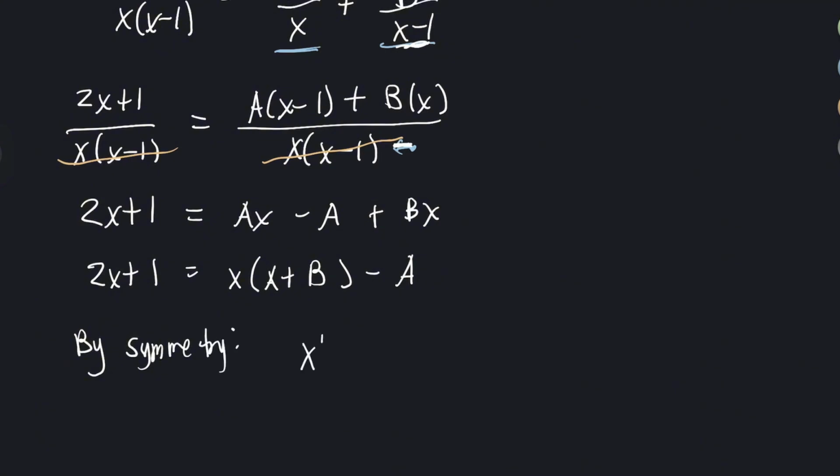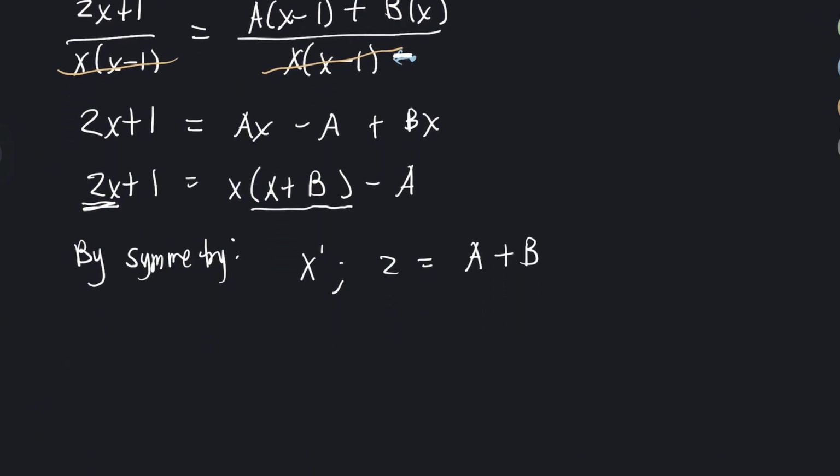Let's start with x raised to 1. We have 2 is equal to a plus b. Then the constant, x raised to 0, we have 1 is equal to negative a. Let's simplify it: a is equal to negative 1.